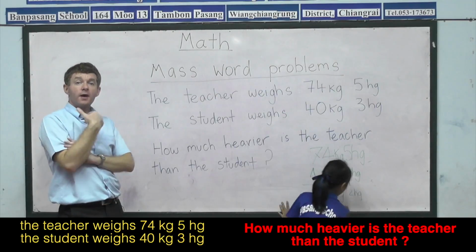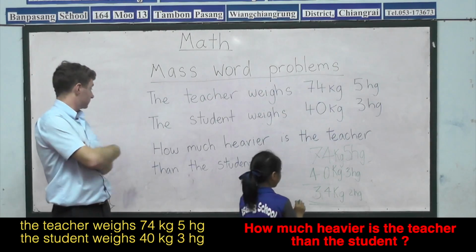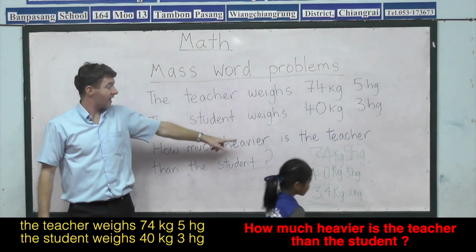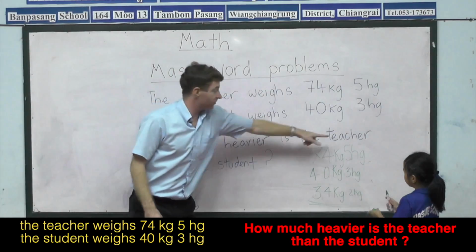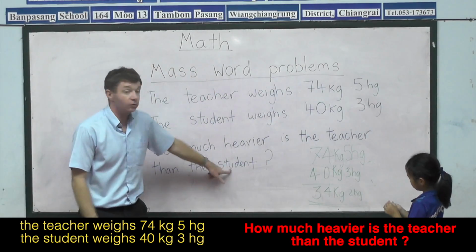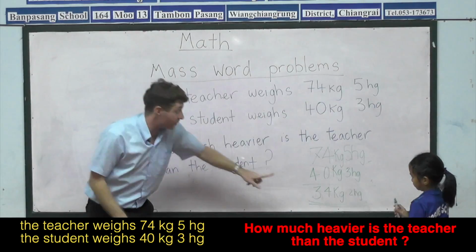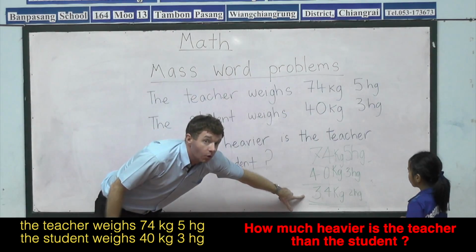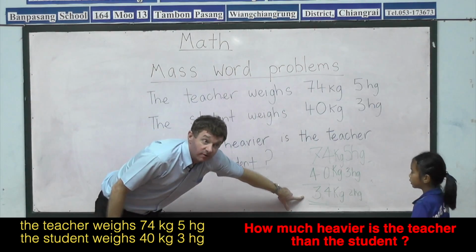Okay, so I will ask the question again. How much heavier is the teacher than the student? And our answer is, Prao? 34 kilograms, 2 hectograms. Excellent.